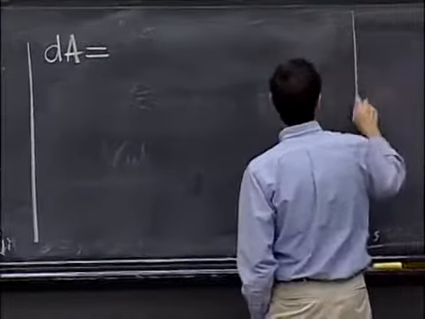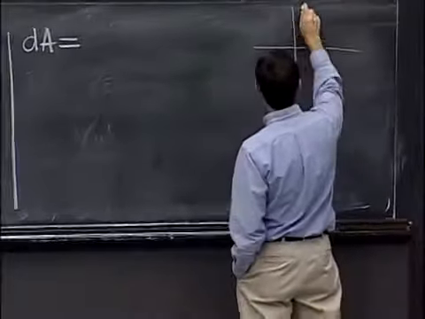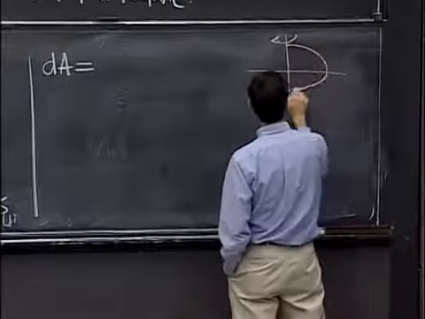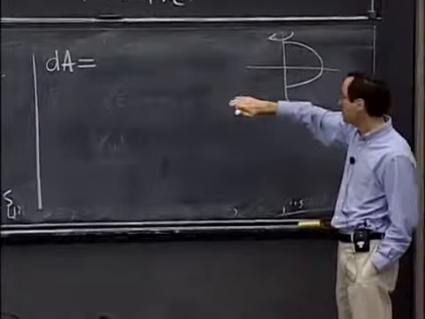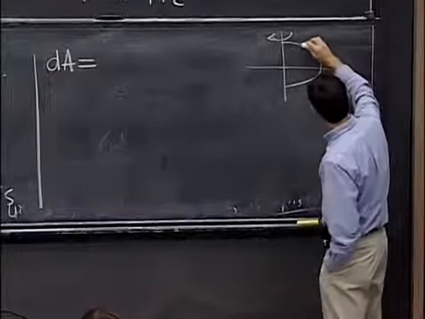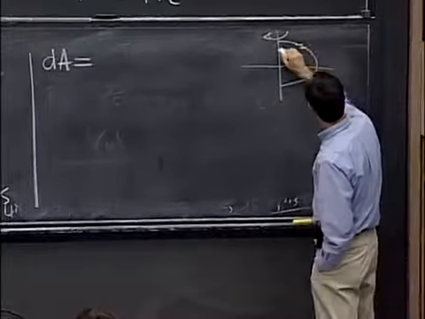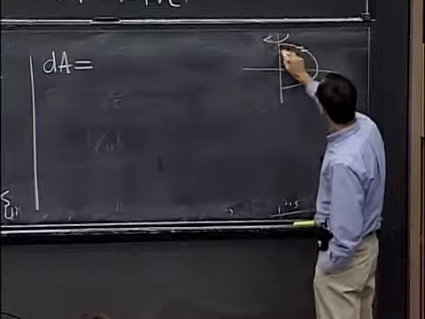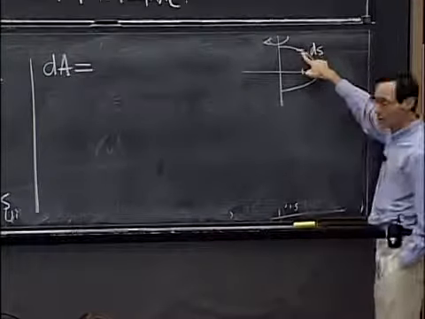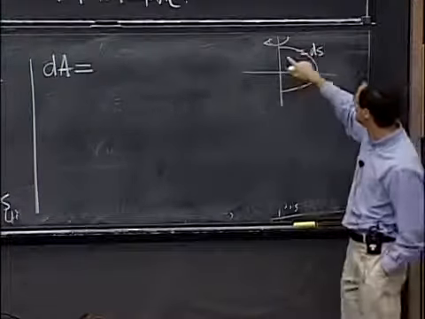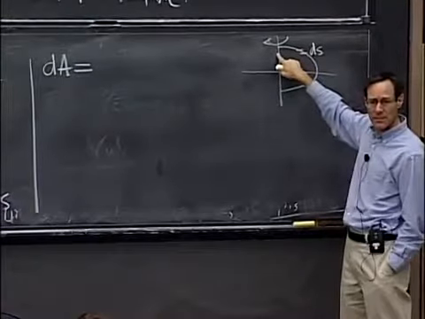If you're revolving around the y-axis, that means you're going around this way, and you have some curve. In this case, it's this piece of an ellipse. If you sweep it around, you're going to get what's called an ellipsoid. And there's a little chunk here that you're wrapping around. The important thing you need besides this ds, this arc length piece, is the distance to the axis.